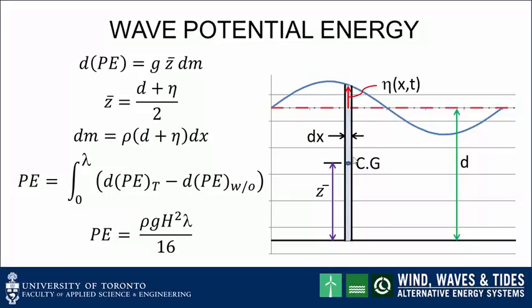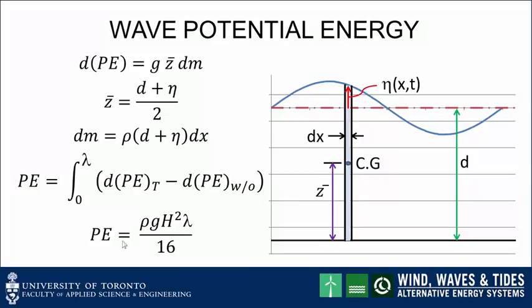We can take this differential potential energy and integrate it. To find how much is associated with the wave itself, we integrate first for the total system, the wave plus the water beneath it, so everything under the blue line of the wave, and then we subtract off the potential energy of the mean water height, the rectangle contained here, which is the second term.